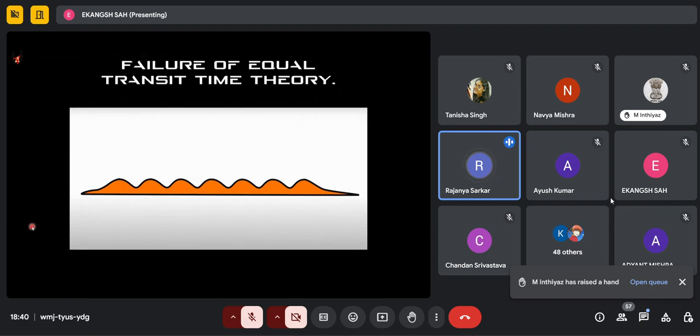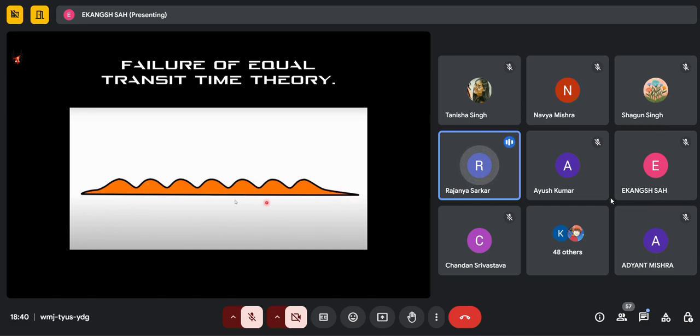The experimental setup was a hypothetical cross section of the wing that looks like this. If we compare the upper and the lower surface of this cross section, we can see that the upper surface has a much higher length as compared to the lower one.